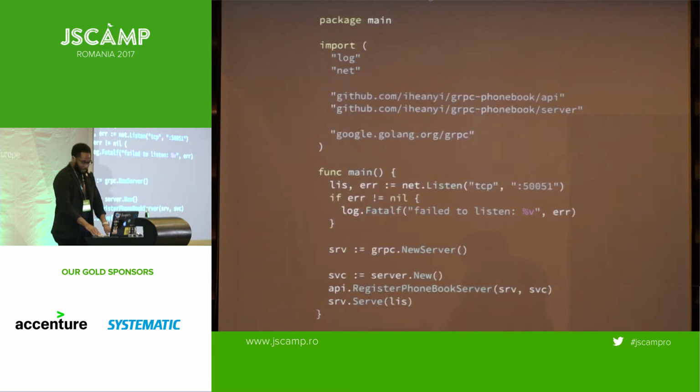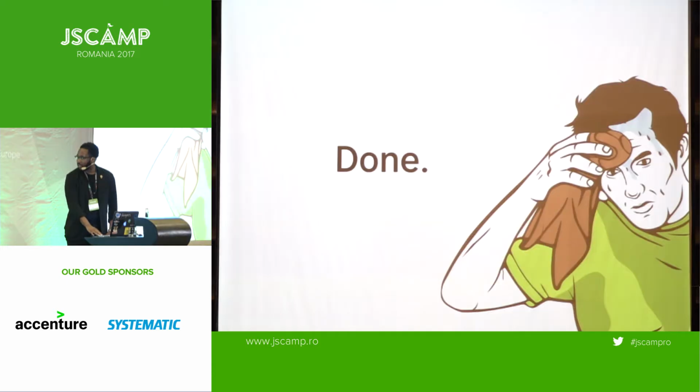Then in the main function, we create a TCP server on port 50051, create a new gRPC server, register our service on that gRPC server, and serve it so it's listening on that port. After that, we're done, so not that difficult.